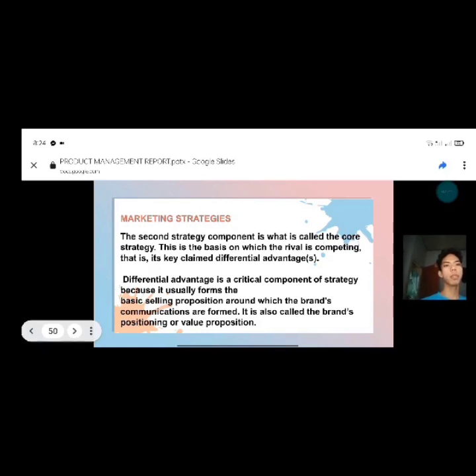It's also called the brand acquisition value. So dito daw sa second strategy, tinatawag dito is core strategy na basis of the competing claim, the differential advantage.